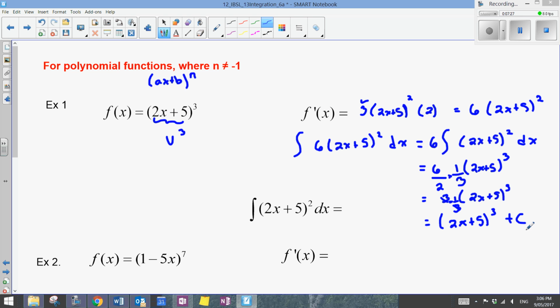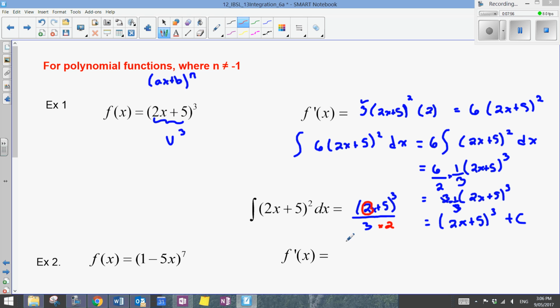All right. So if I took the integral of a new question, 2x plus 5 to the second, which is similar to this one but without the 6 in front of it, I would have 2x plus 5, add 1 to my exponent, divide by the exponent of 3, but then also divide by your a value, because it is a linear input.